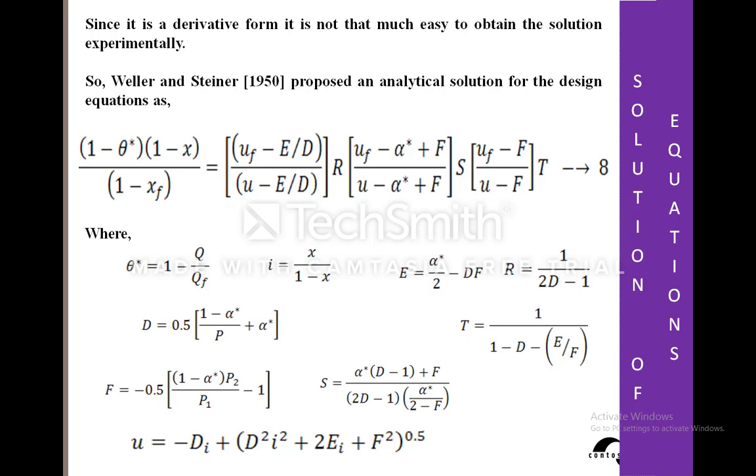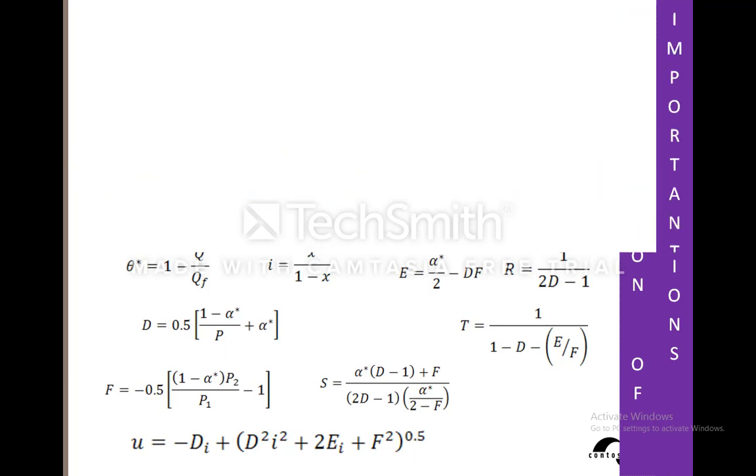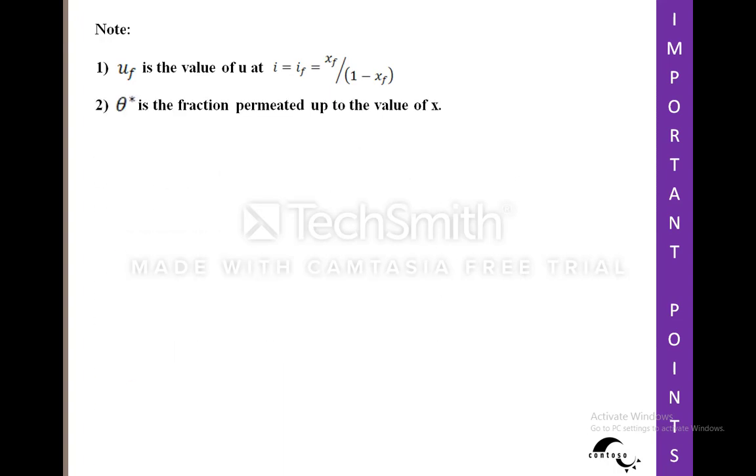So using these values, if you substitute in the above equation 8, you will obtain the result. So now remember some important points. US is the value of U at feed, which equals xs by 1 minus xs. And theta star is the fraction permeated up to the value of x.